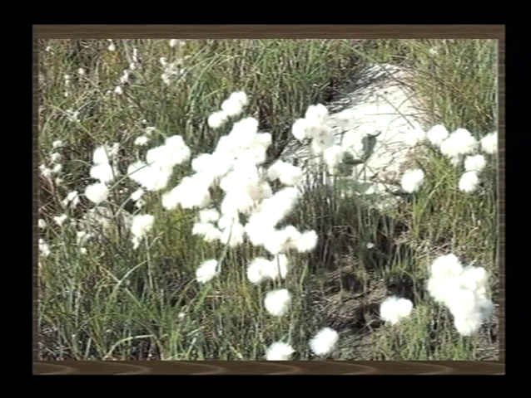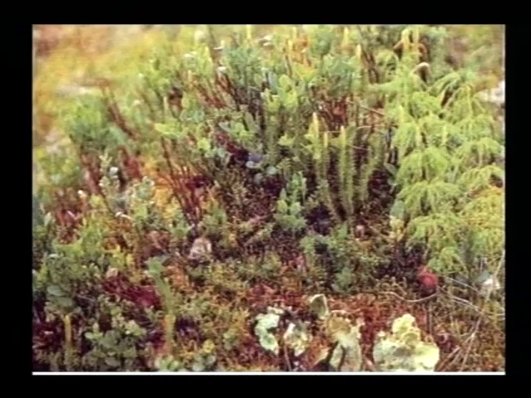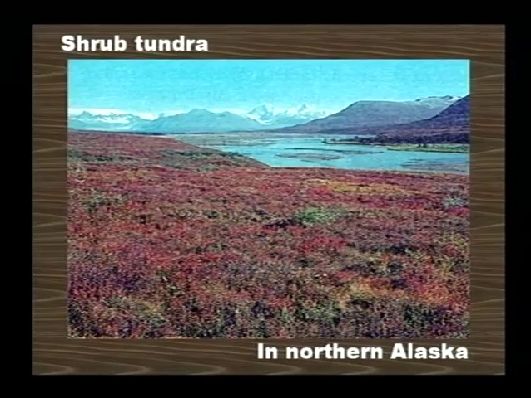Next is a picture of snow grass or cotton grass. These are some of the few plants which thrive in the tundra regions. This is cotton grass in Norway, the tundra region. Up next here is a picture of moss tundra plants in Sweden. This is shrub tundra in northern Alaska.